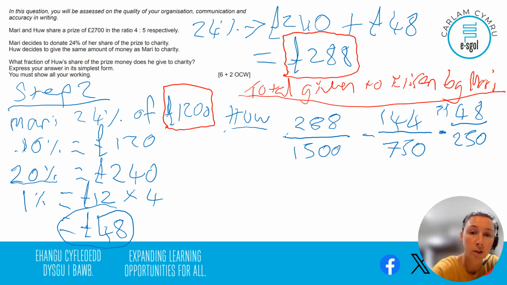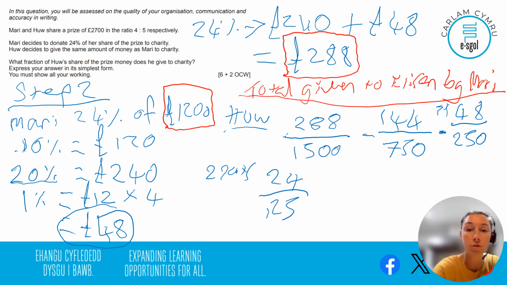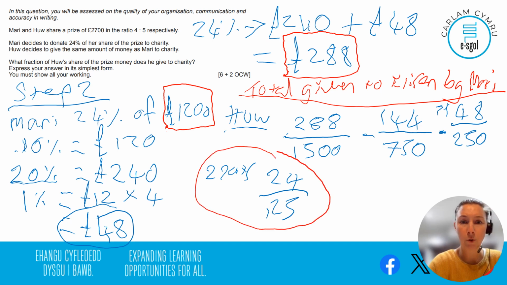And you can also work it out again into 2 parts, which is 24 over 125. So this is the total here, the fraction of what Hugh gave to Ellison.